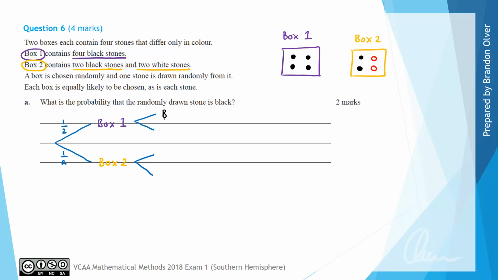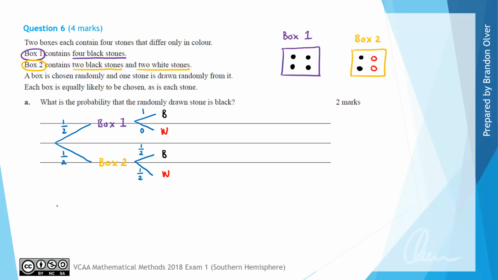We could either get a black stone or a white stone. However, for box 1 there are only black stones, so the probability of getting black is 1, and the probability of getting white is 0 after you've selected box 1.